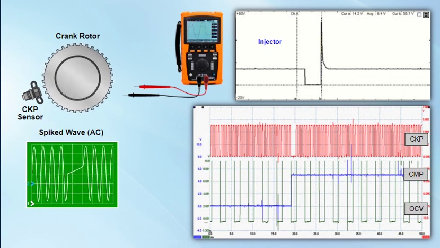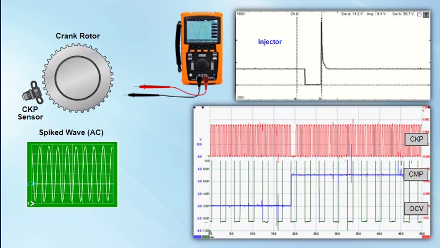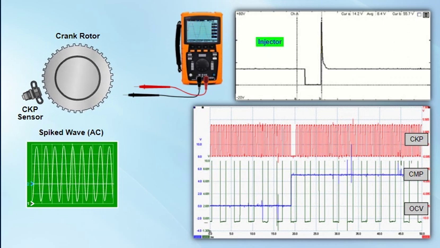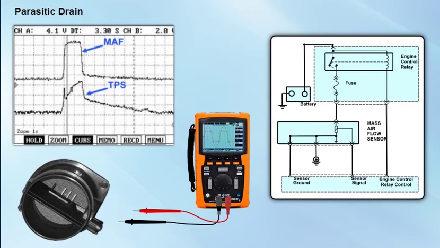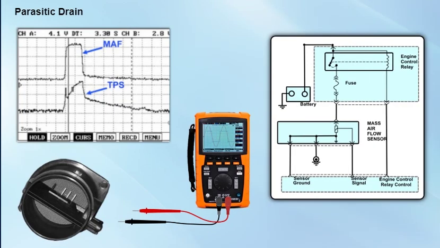Additionally, you can also check the on time of a solenoid. For example, you can check fuel injector pulse width on the oscilloscope. You can also check MAF frequency on the oscilloscope. You can't check the MAF signal on a DMM. You must check the frequency on a scope for given airflow at various RPM ranges.